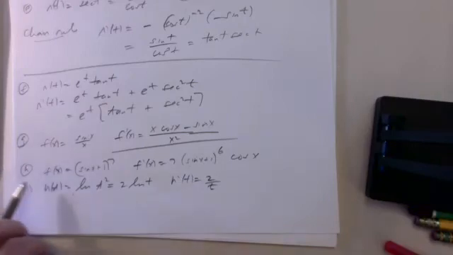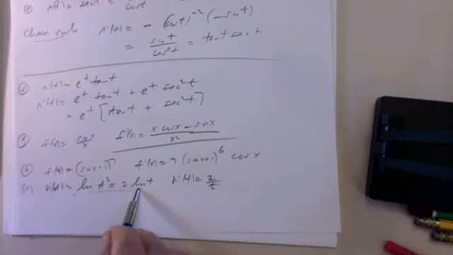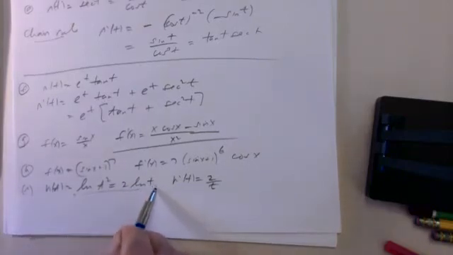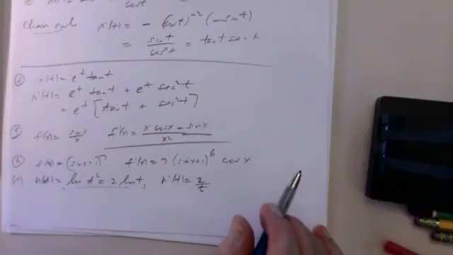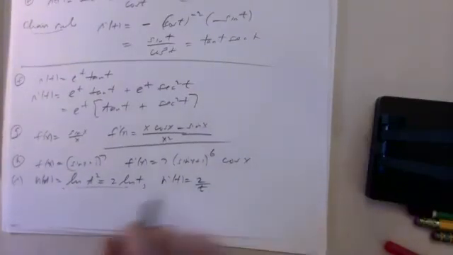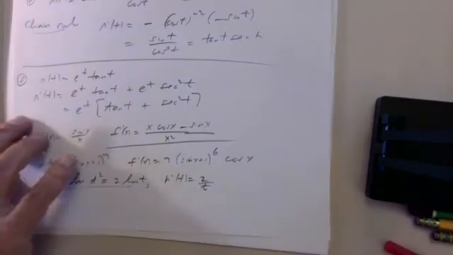You're allowed to use the properties of logarithms and exponentials. Professor, I didn't get this part. Well, you know that the log of t squared is 2 log t. Yes, I know that. And you know the derivative of log t is 1 over t. Yes. So the derivative of 2 log t is 2 over t. Thank you.